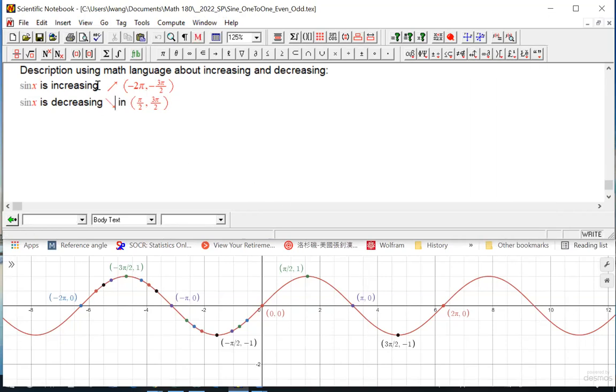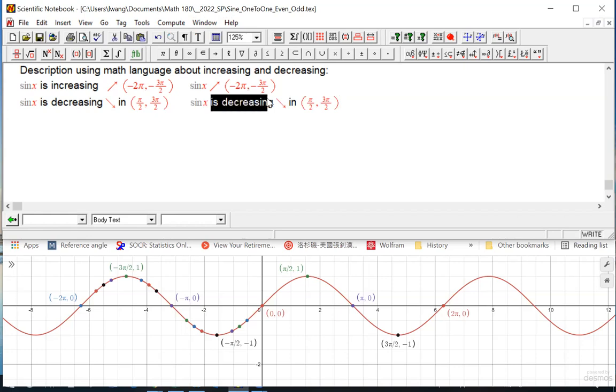You can even save the word. These are shorthand notations. You can see sine increases in this interval, and sine decreases in that interval.